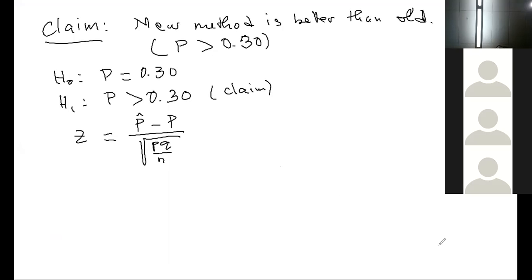What do you have as P0? 0.30 is what you have on H0, that is P0. Then you will enter N and X. N is 225, X is 88.